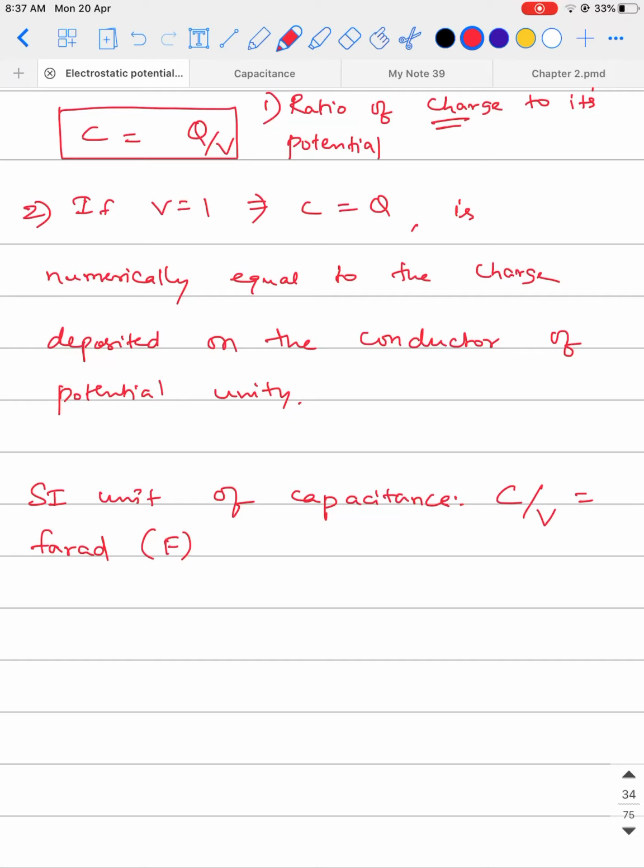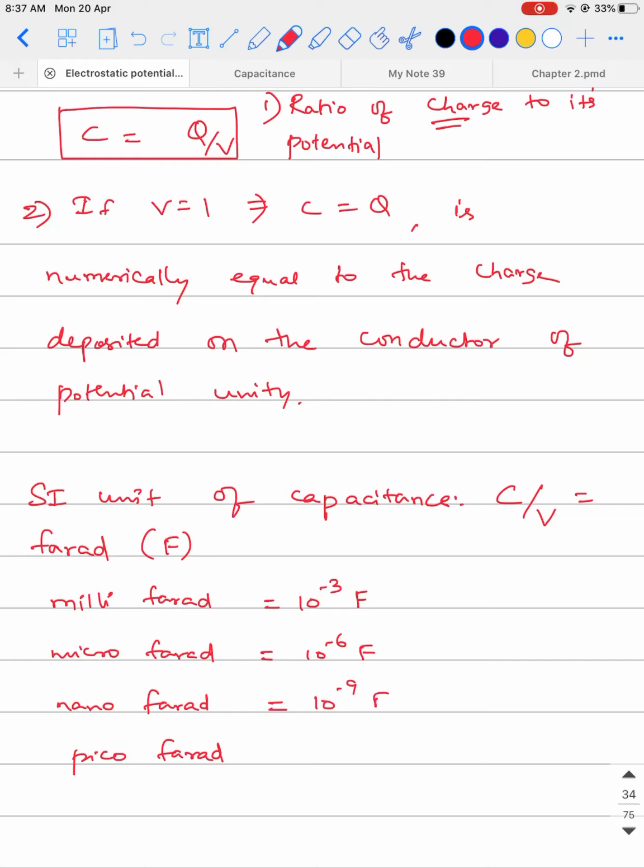That is why the capacitance of a conductor is generally measured in millifarad, microfarad or nanofarad, sometimes even picofarad. Millifarad is 10 power minus 3 F, micro is 10 power minus 6 F, nano is 10 power minus 9 F, and pico is 10 power minus 12 F. It keeps going like this.